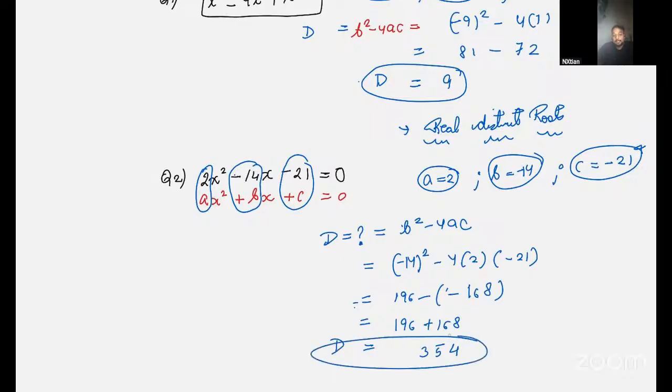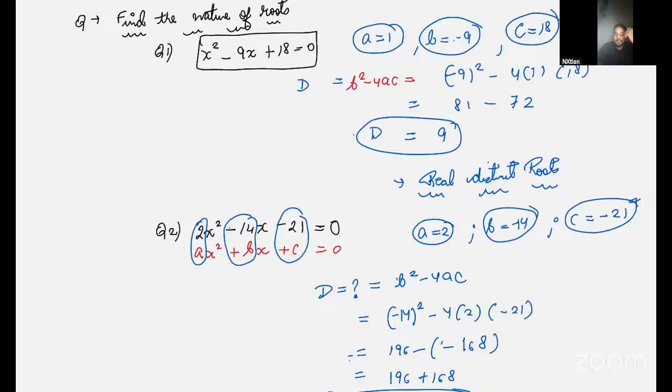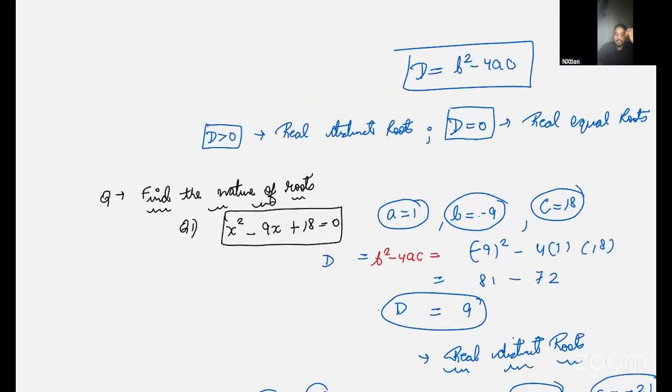Okay, Abraham, more than 0. Are you with me? Yes, sir. So now it means that D is more than 0, then in this case the roots will be real and distinct.